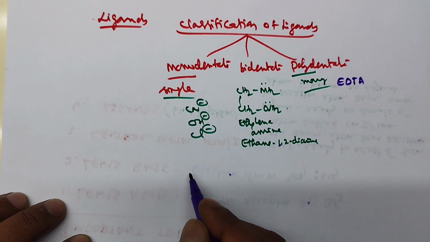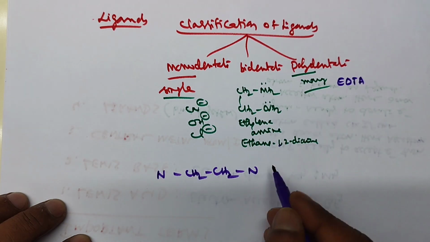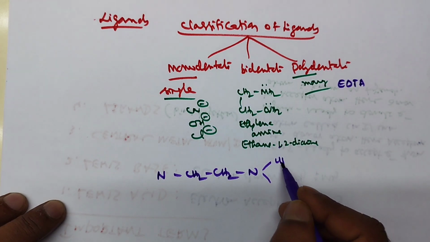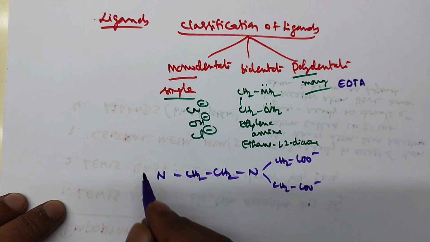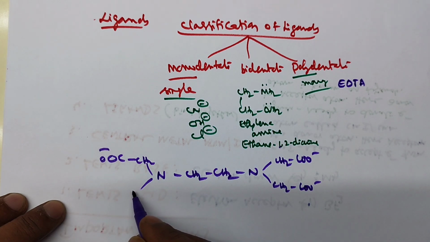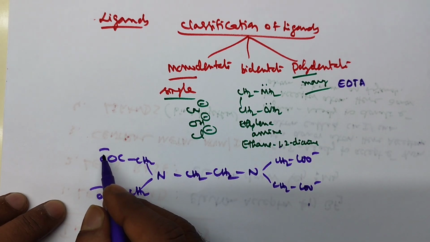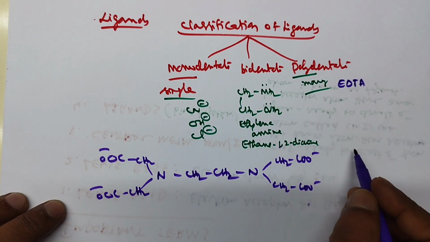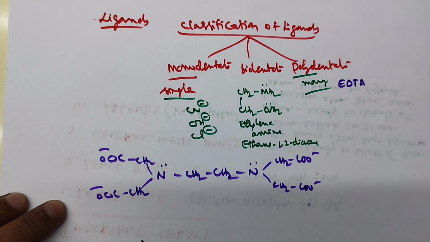Here in this ethylenediamine you write CH2, N, here also N. These N are substituted by CH2COO minus, CH2COO minus, CH2COO minus, CH2COO minus. If you see this molecule, polydentate means this is one coordinating site, this is another, this is another. So we have a total of 4. Apart from that, it has a lone pair of electrons on each nitrogen atom. Therefore it is 6.